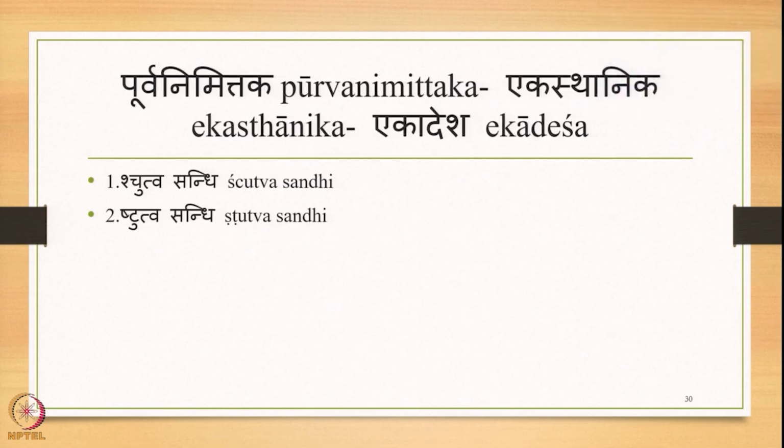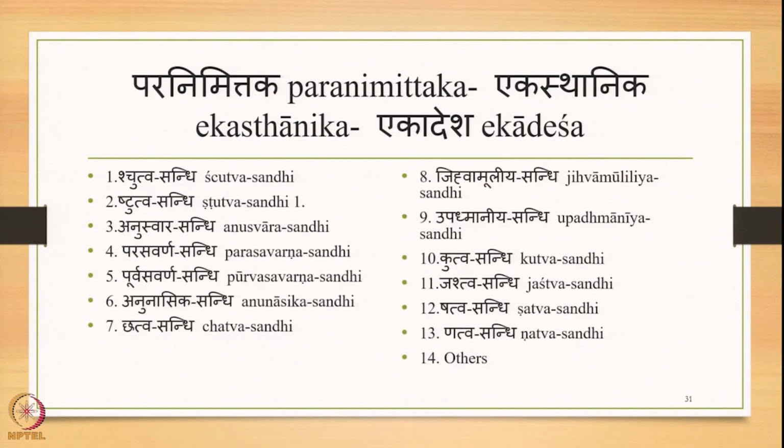The instances of Purvanimittaka Ekasthanika Ekadesha are Shtutva Sandhi and Shtutva Sandhi. The instances of Paranimittaka Ekasthanika Ekadesha are very many, namely Shtutva Sandhi, Shtutva Sandhi, Anuswara Sandhi, Parasavarna Sandhi, Purva Savarna Sandhi, Anunasika Sandhi, Chatva Sandhi, Jivhamuliya Sandhi, Upadmaniya Sandhi, Kutva Sandhi, Jashtva Sandhi, Shatva Sandhi, Natva Sandhi, and some miscellaneous others.